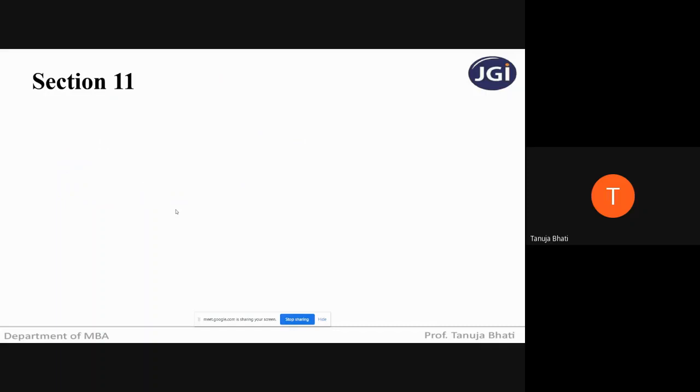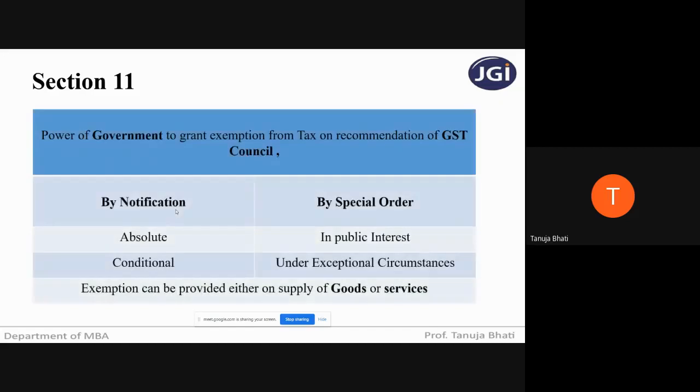Section 11. Section 11 of CGST Act talks about exemptions. So students, if government wants to give exemption from a particular supply of goods and services, what is the process? How can it declare exemption on a particular product or services? So the power of government to grant exemption from tax is on recommendation of GST Council.